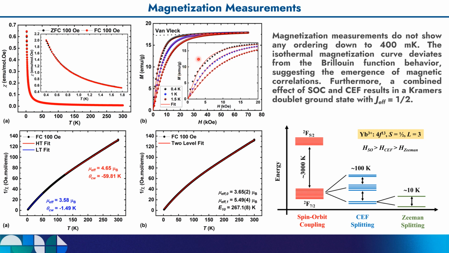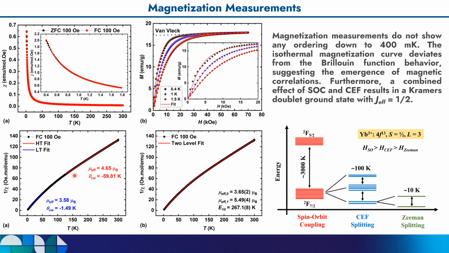So we find that at lower temperatures the curves are deviating from Brillouin function. Brillouin function generally describes the paramagnetic nature of a compound. If it is deviating, that means some magnetic correlations are present, and since it's deviating below 1 Kelvin, the magnetic correlations are roughly of the order of 1 Kelvin.